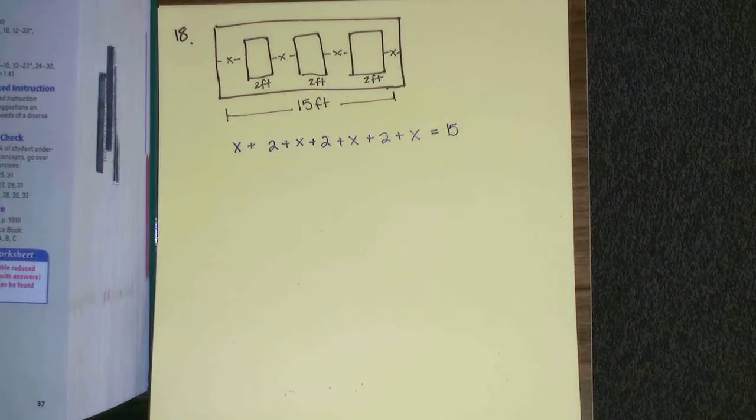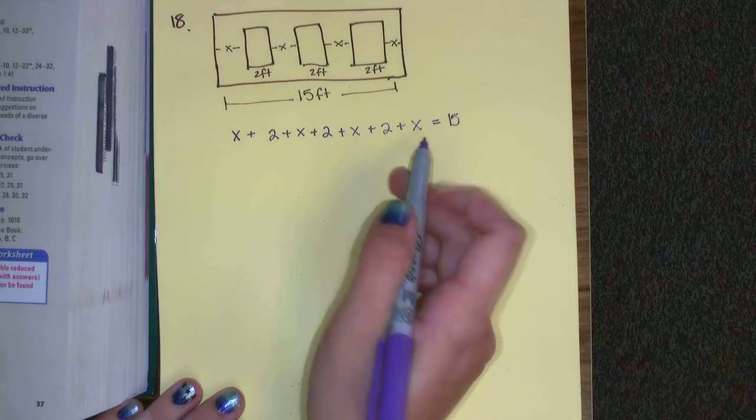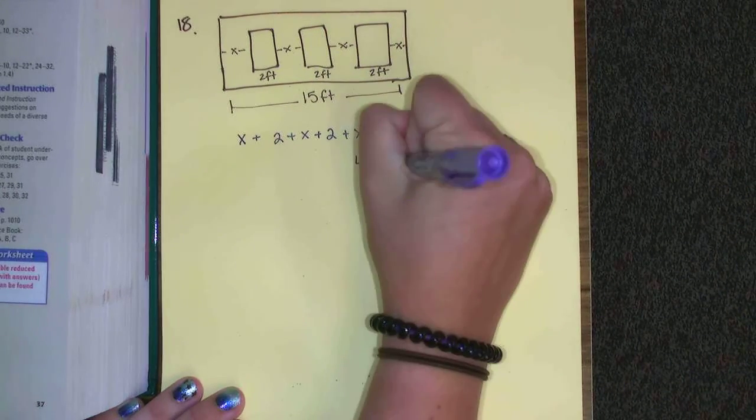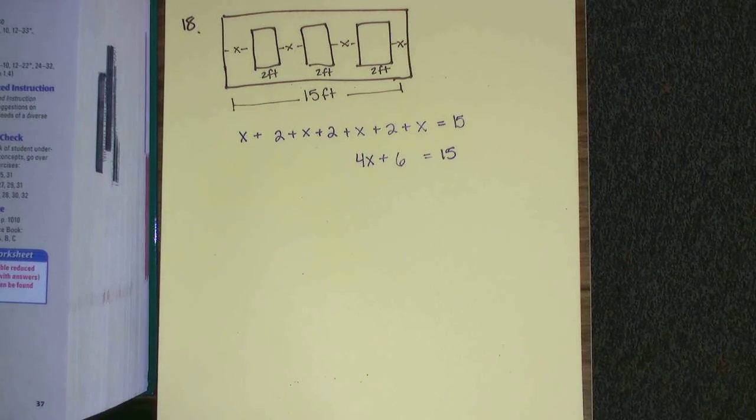Then you just need to combine like terms. So I end up with 4x plus 6 is equal to 15. So that's the equation set up for that one.